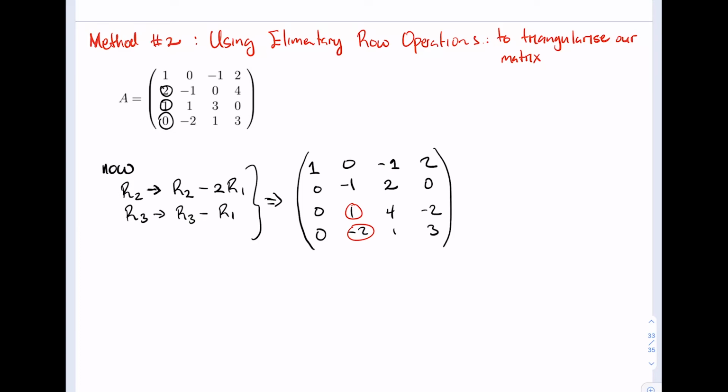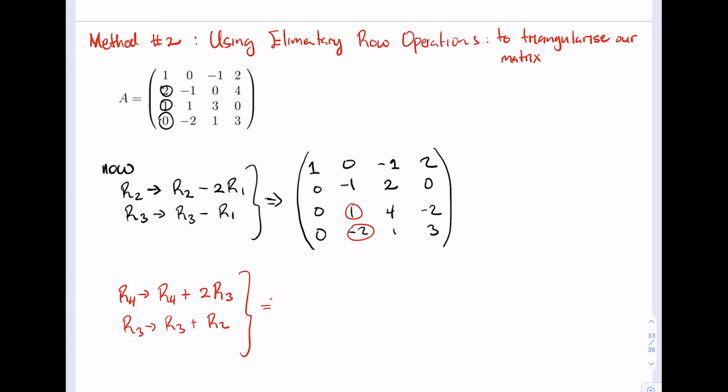So how can I eliminate that minus 2? I can eliminate the minus 2 by saying row 4 is going to be row 4 plus 2 times row 3. Okay, and here I take row 3, and I'll say row 3 is equal to row 3 plus row 2.